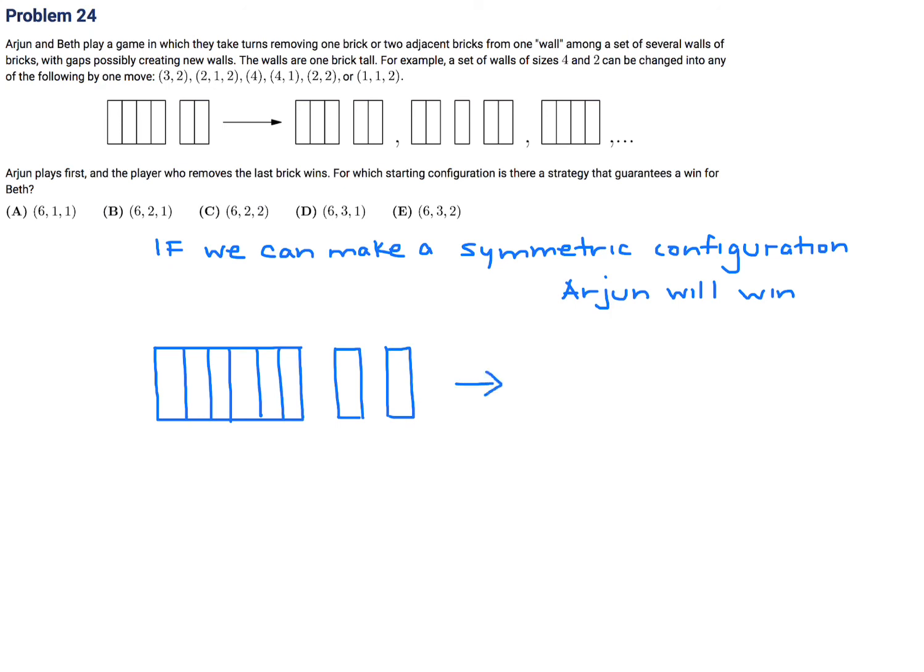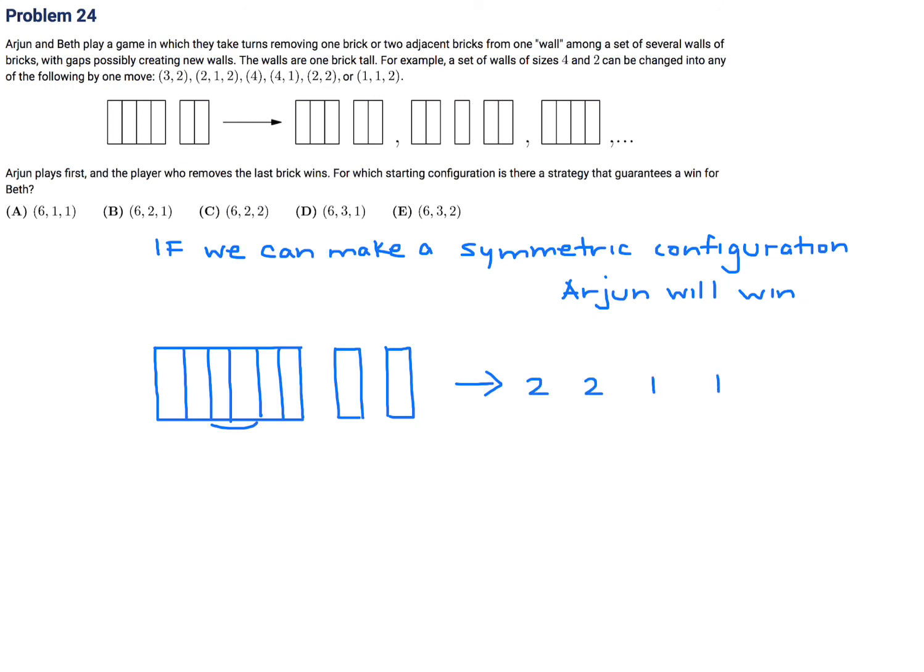So let's make this symmetric, and I'll explain. So I will first remove, we have to just remove either 1 or 2, right? So if I remove the middle 2, because I can remove either 1 or 2, and if I do remove those middle 2, I'll end up with 2, 2, and 1, 1.